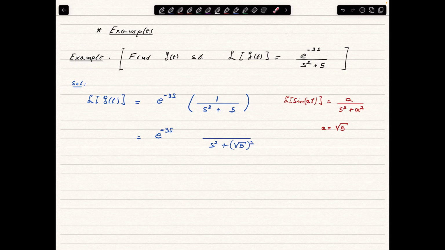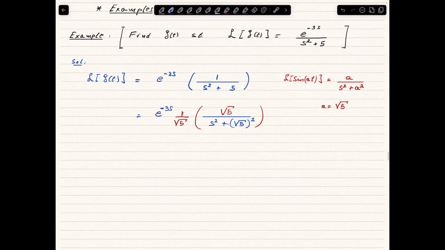We would like to have this number on the numerator, so we write square root of 5, but then we need to divide by that number, because we cannot change the problem. Now we have exactly the Laplace transform of the sine of square root of 5 t. So we have a factor 1 over square root of 5, we still have the exponential of negative 3s, and here the Laplace transform of the sine of square root of 5 times t.